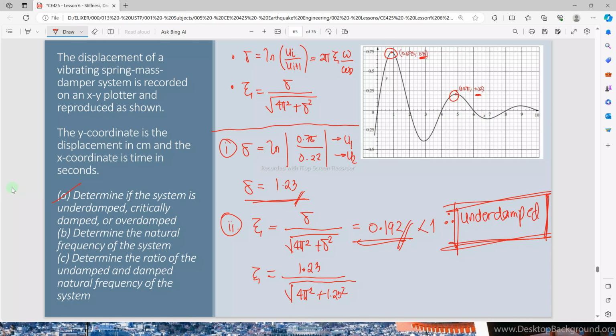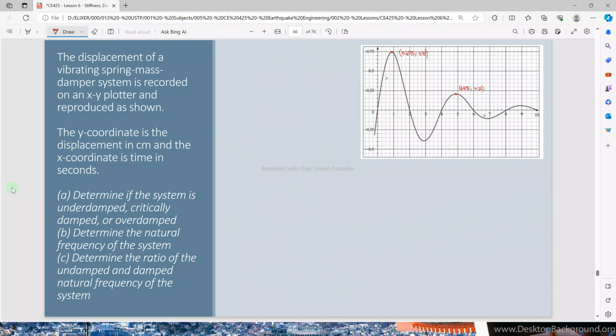Next, determine the natural frequency of the system. Okay, this is quite easy. We know that the damping ratio is equal to the damping coefficient over 2 omega. But actually, we cannot use this one. So the next thing to do, we need to get the damped period. The damped period is just the difference of these two peaks.